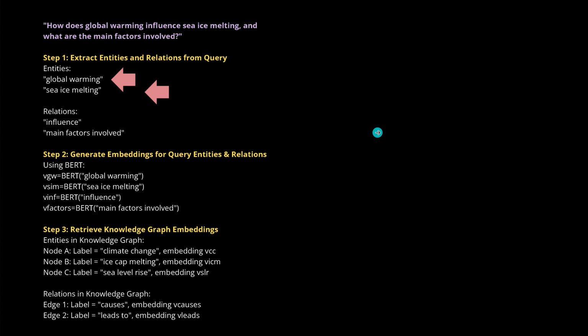What I would do, and this is only one option how we do the mapping, is this one. Let's say, and I always show an example to make it really clear, how does global warming influence sea ice melting and what are the main factors involved? So you see, we need some predefined knowledge here. What are those factors?